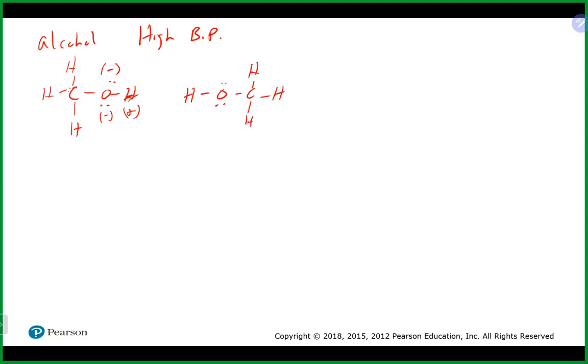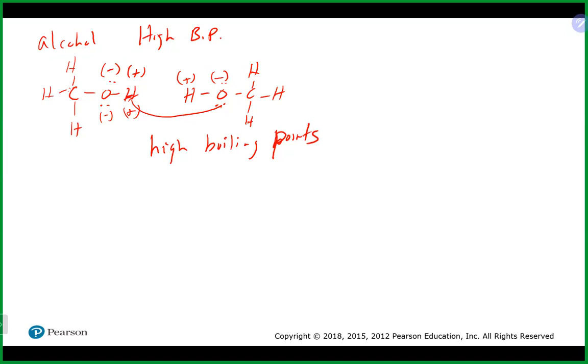So again, the negative, positive, positive, negative. And again, it can hydrogen bond with itself, so it usually has very high boiling points. And that is because the hydrogen bond is really strong, so it takes a lot of energy to break it apart. The result of that is a much higher boiling point than anything.